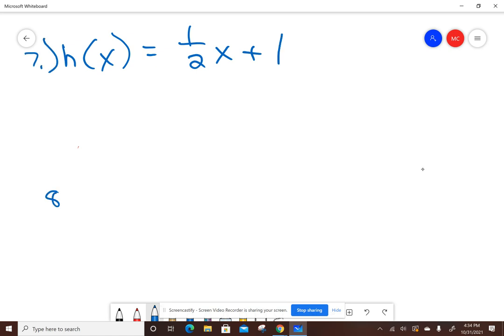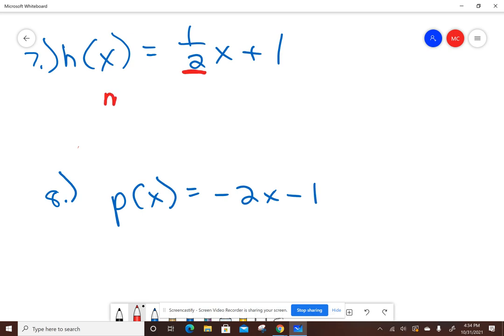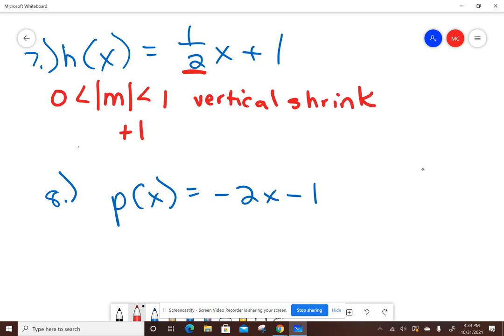And number 8 is p of x equals negative 2x minus 1. Okay, so number 7, because this is 1/2, because the absolute value of the slope is in between 0 and 1, this is a vertical shrink. And because we're adding 1, we're translating up 1. So this is a vertical shrink and a translation.